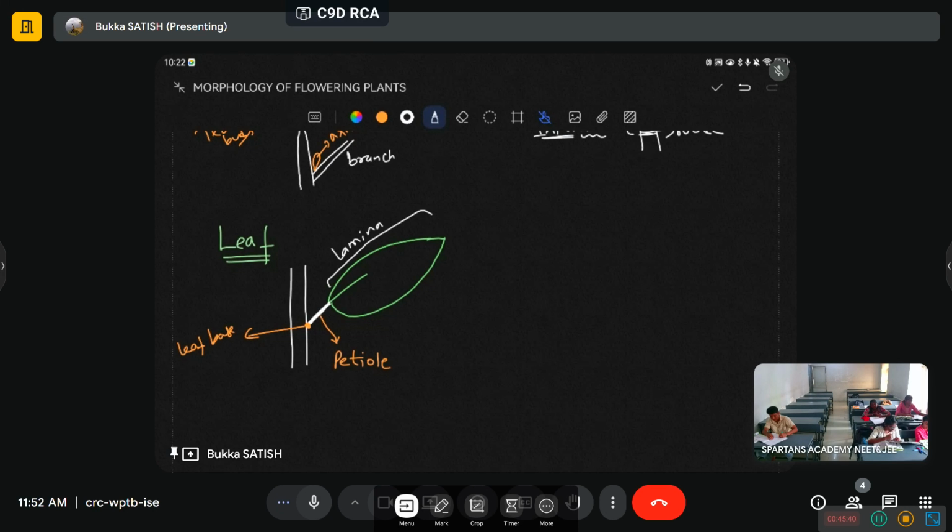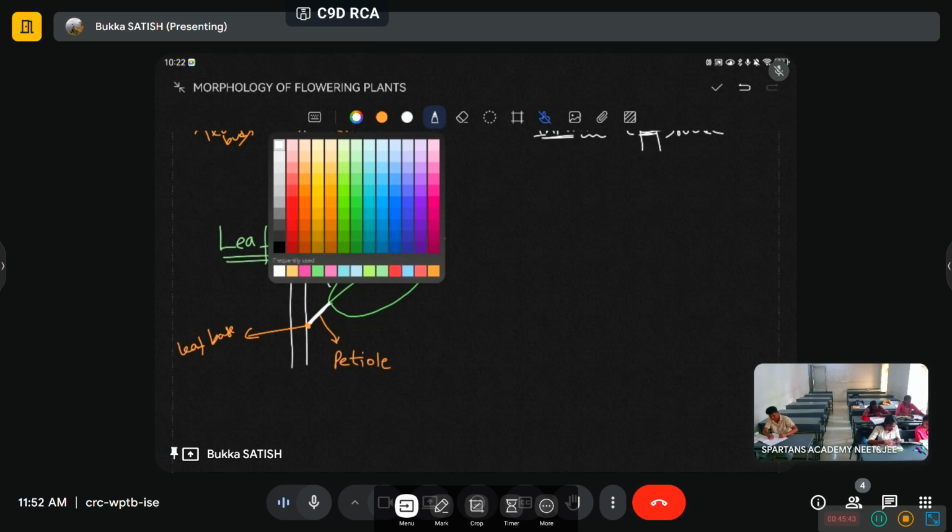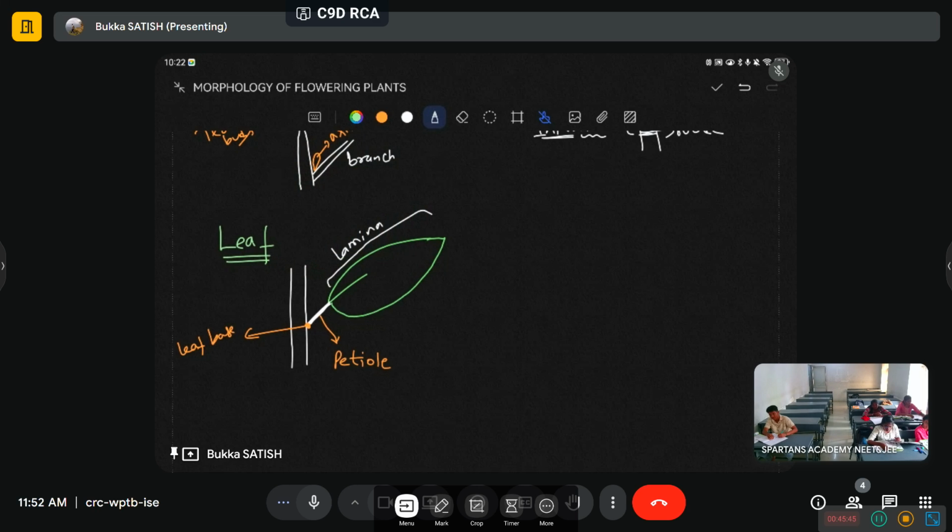Right. Next, inside the leaf, there are veins. The main vein is what we call midvein, which is branched to form veins. Veins are divided to form veinlets.